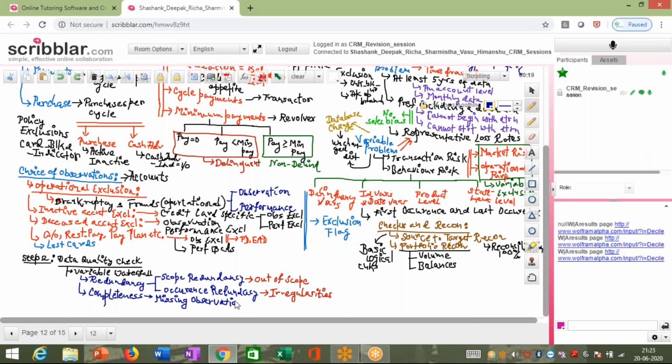This is where the missing observation analysis comes into place. So this is basis your completeness. This is the missing observation analysis.